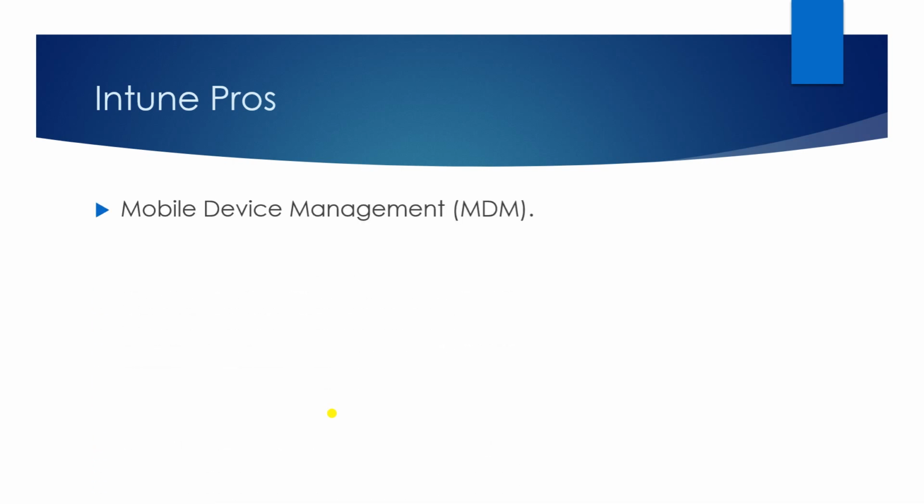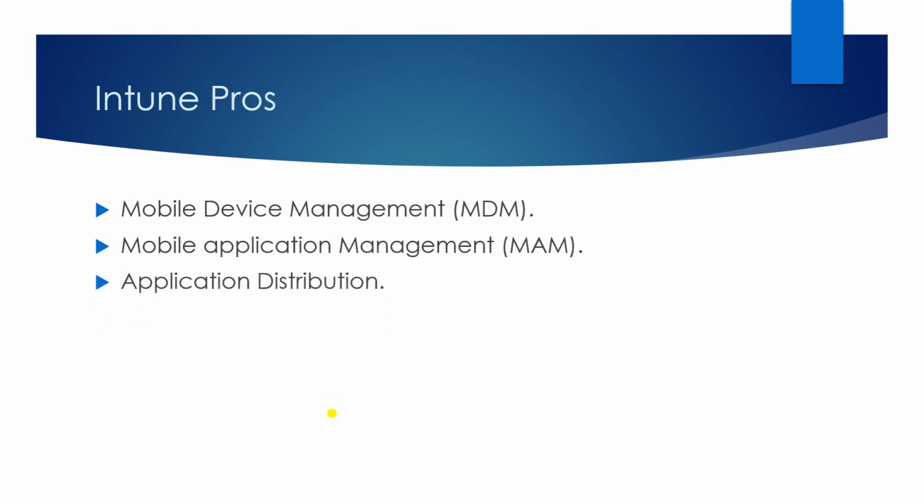Okay, so here is the slide: what we can do in Intune, and what are the pros we have. Let's see the first point. Intune helps us manage mobile device management and mobile application management. So MDM and MAM are the main parts of Intune.